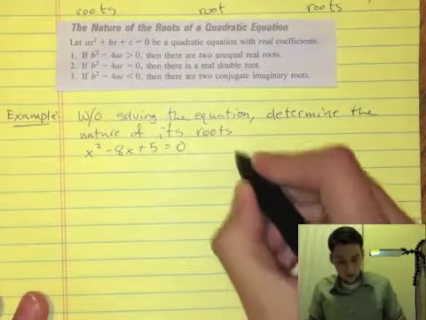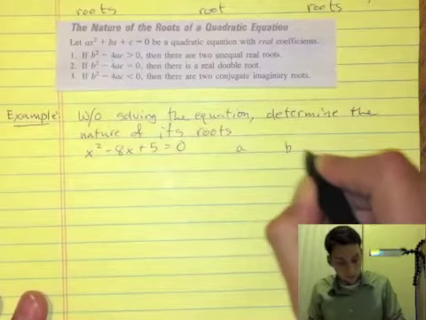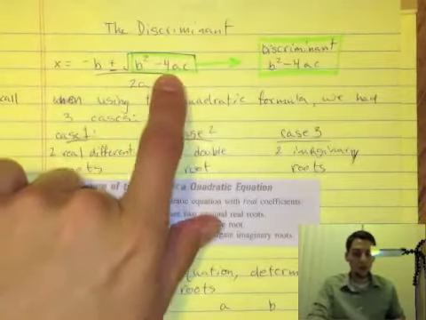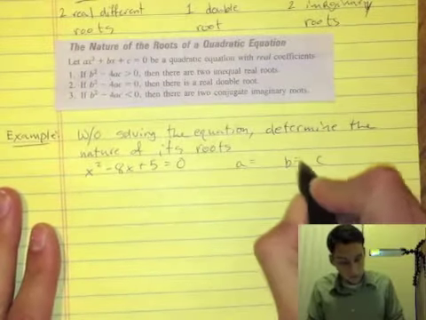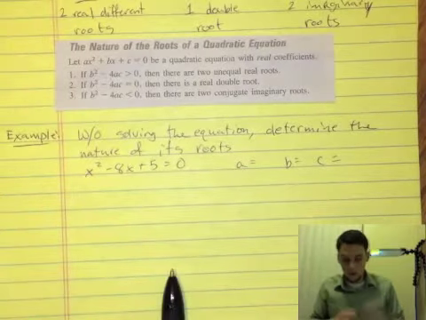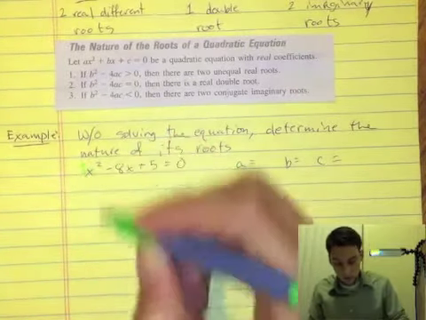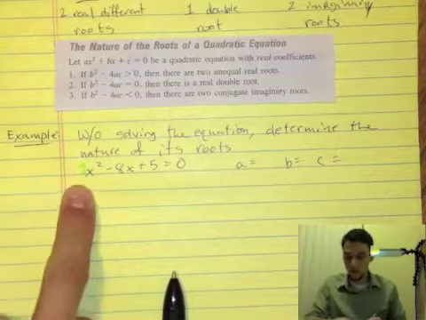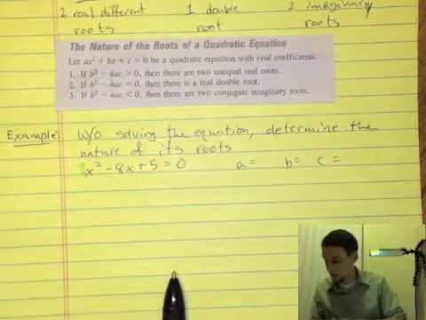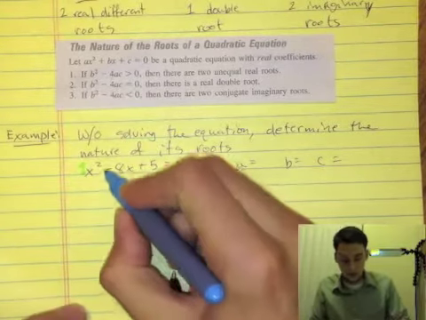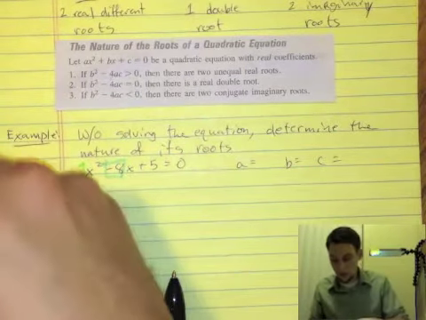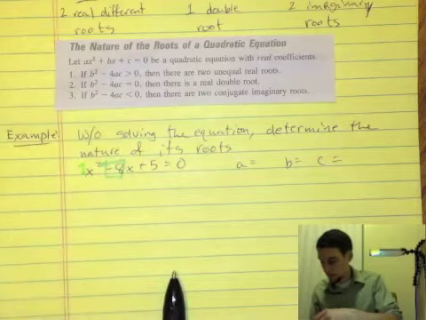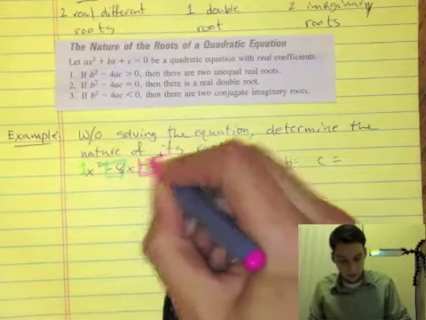So first we can do that by finding a, b, and c, because we need a, b, and c for our discriminant. First, a is just 1, because this is in standard form. B is -8, and C is +5.